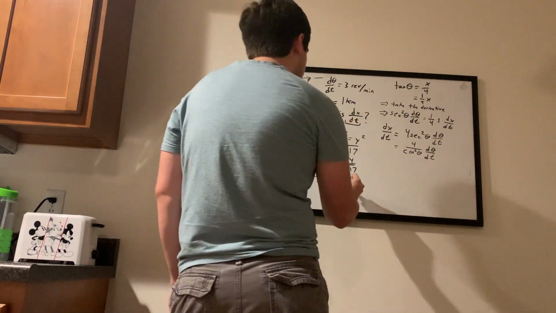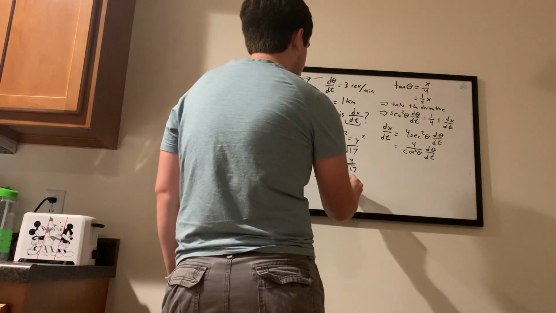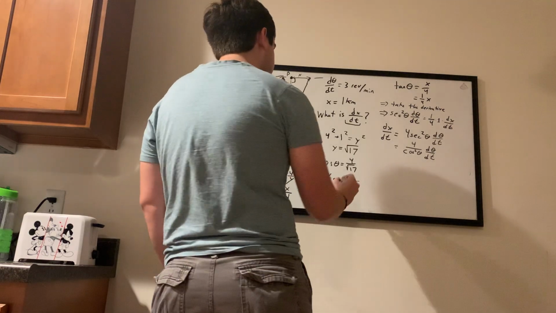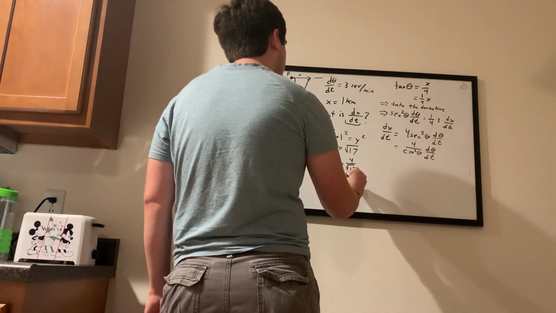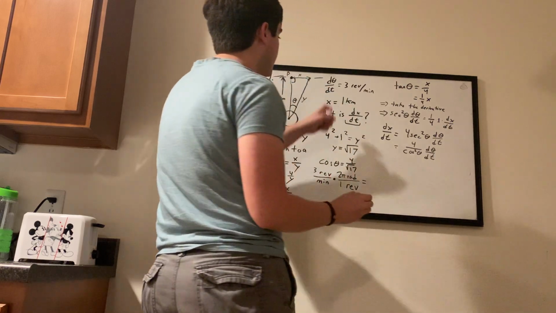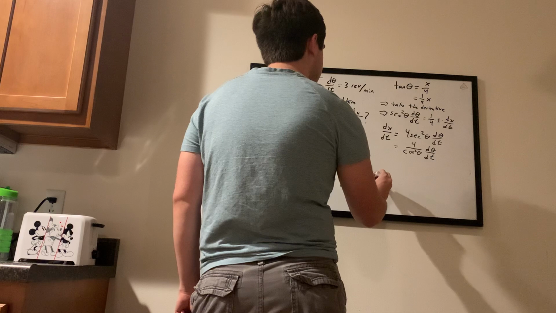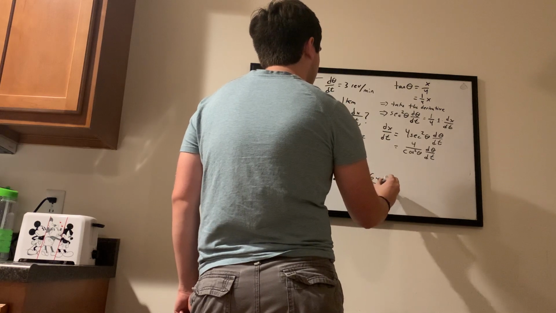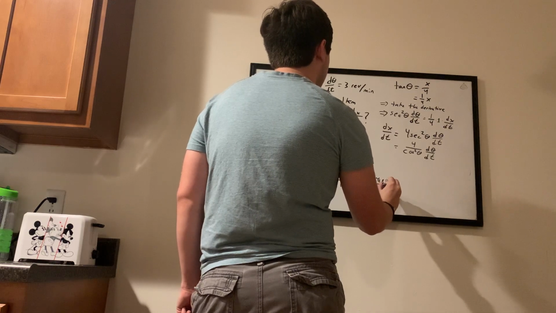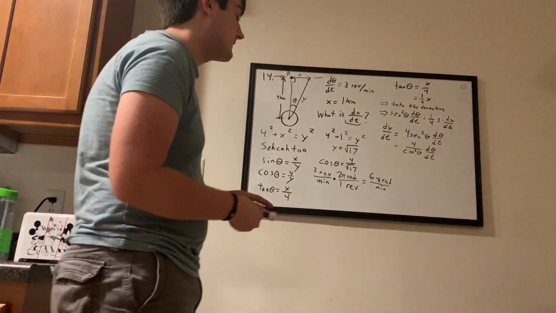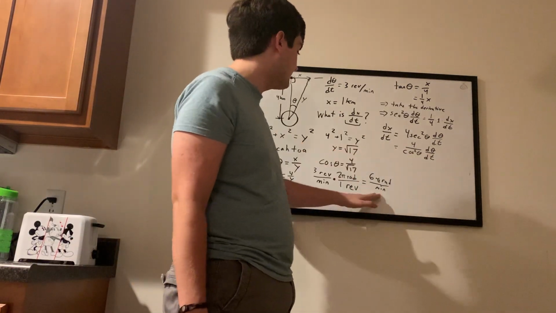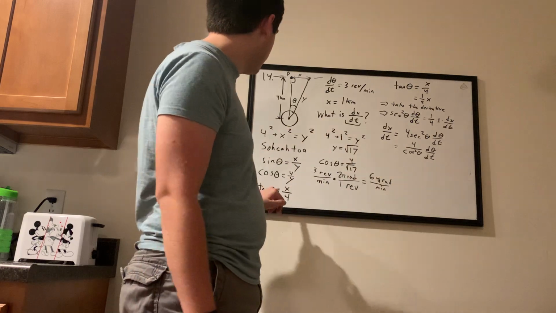So I can rewrite this using the fact that 1 revolution is the same thing as 2 pi radians, which gives us that our d theta over dt is 6 pi radians per minute.